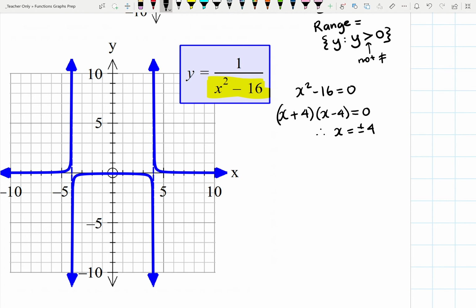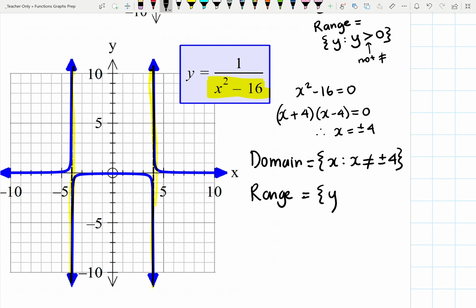Either way, algebraically we've confirmed that we've got these asymptotes at positive and negative 4. So our domain is going to be the set of all x such that x does not equal positive or negative 4. And we've got a horizontal asymptote that you can see on the graph. The range is the set of all y such that y does not equal 0.